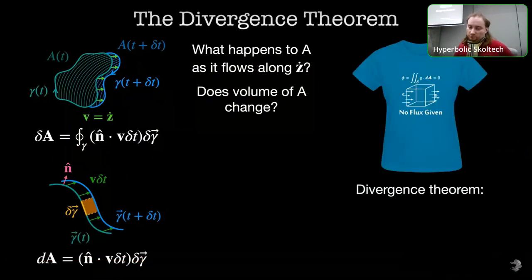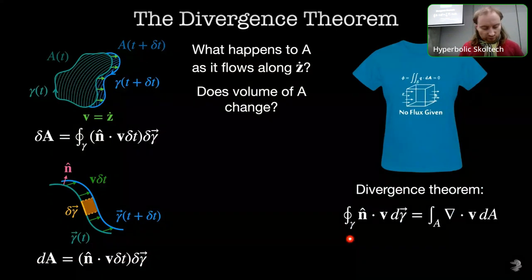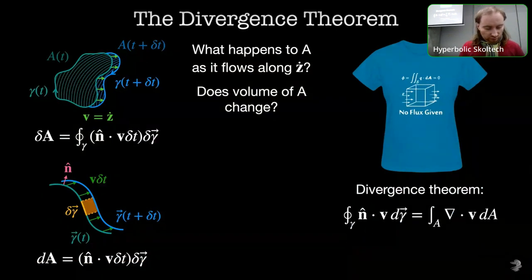The divergence theorem states that if we have a surface A with a normal vector n, the integral around the boundary of the surface gamma of the normal dotted into some vector field V is equal to the integral over the surface of the divergence of V, where the divergence is equal to dV by dx plus dV by dy plus dV by dz.